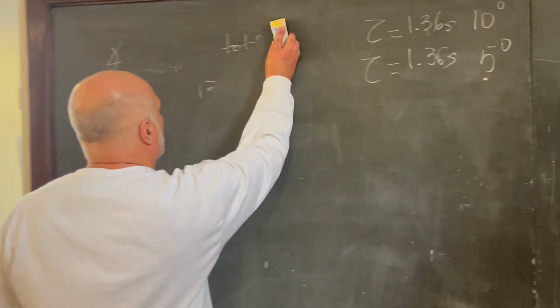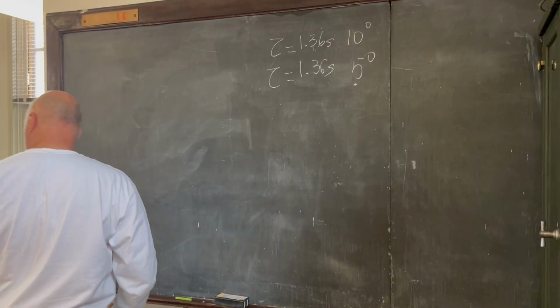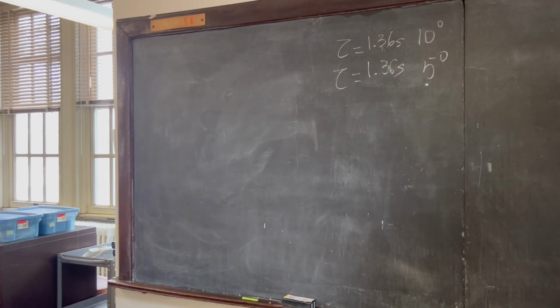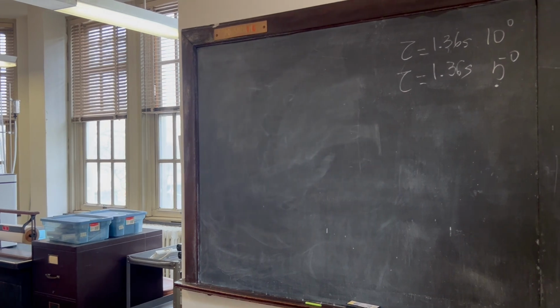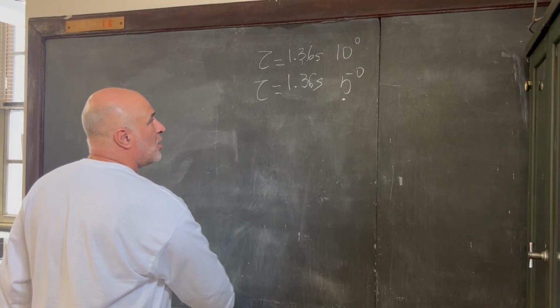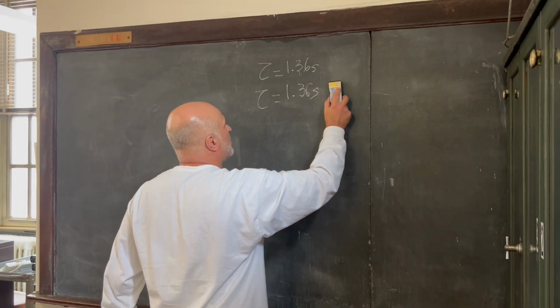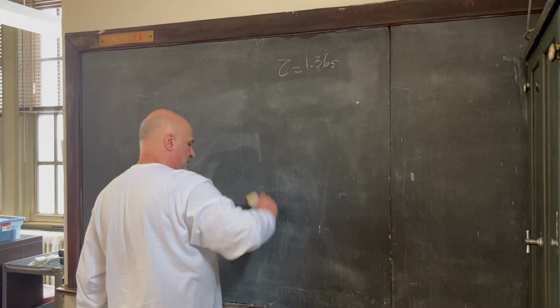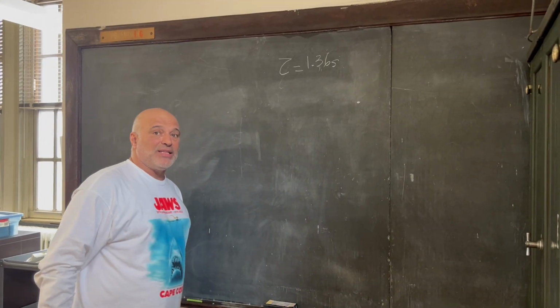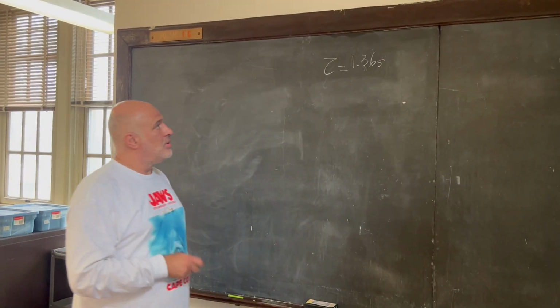So, to summarize, first we showed that the period is independent of the angular amplitude. Then we showed that it's also independent of the mass of the pendulum bob.